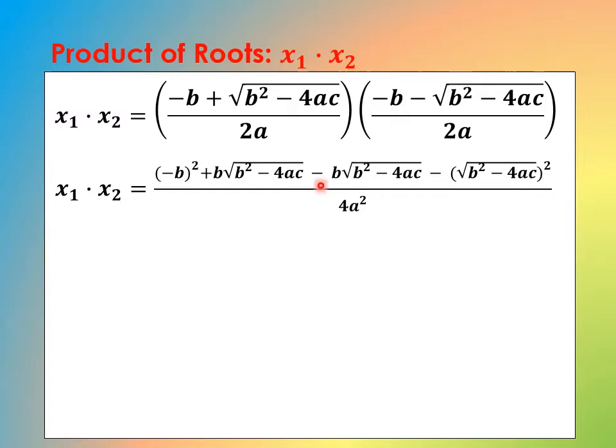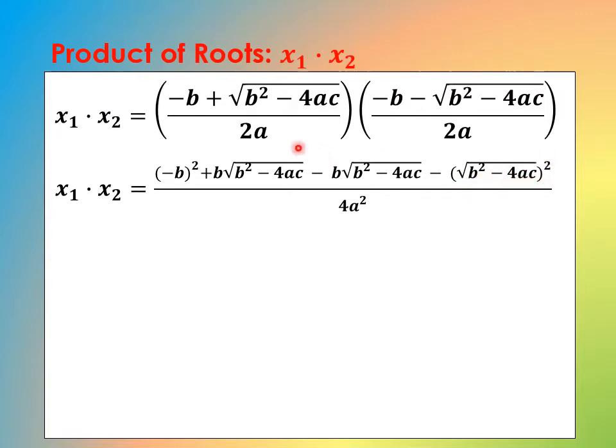So, we have minus b square root of b squared minus 4ac. Okay? And the last terms, square root of b squared minus 4ac times negative square root of b squared minus 4ac, that will become minus the quantity of square root of b squared minus 4ac squared.